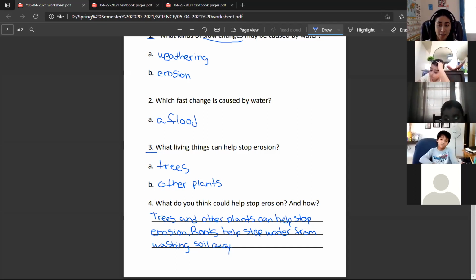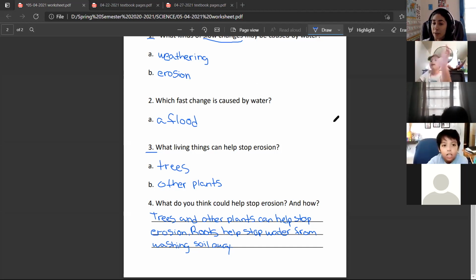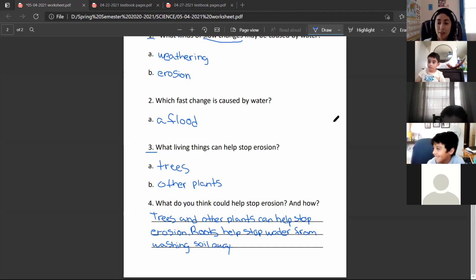How do branches and leaves help stop erosion? Who knows? How do they help stop erosion? They don't have to do with water. They have to do with wind. Well, no, because the branches and the leaves, they don't deal with water.